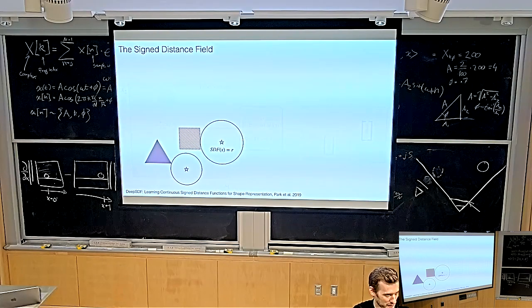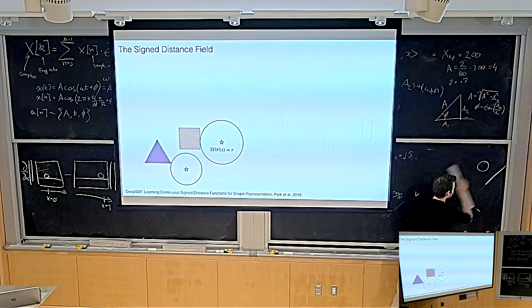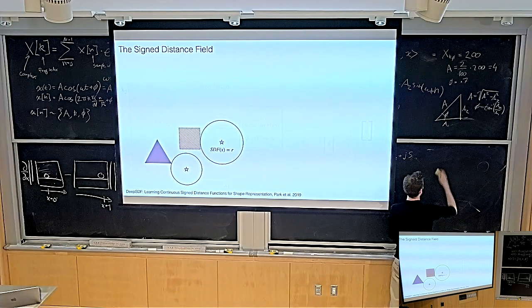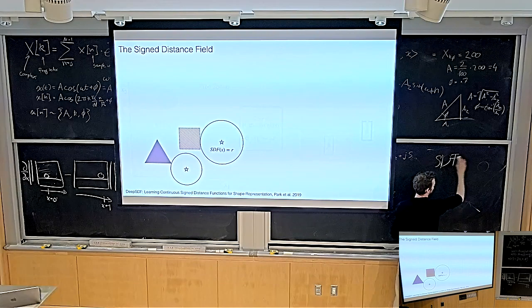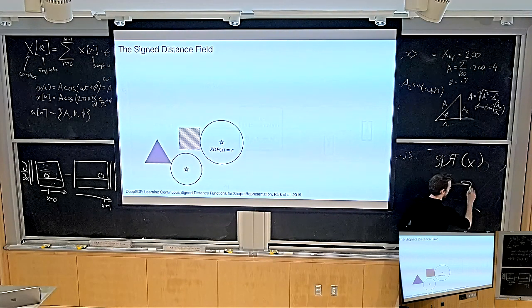So let's think for a moment. If you think about the gradient of the signed distance function, for any point here, well, first question, the derivative of the signed distance function with respect to its input. Okay. So this is SDF of x. What does it do? It maps R3 to R, right?